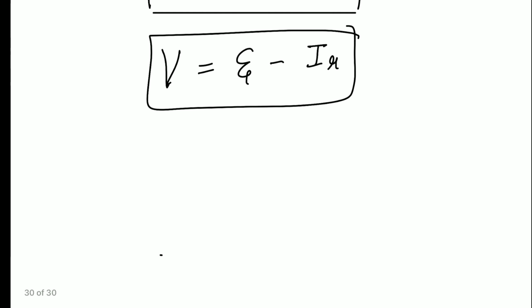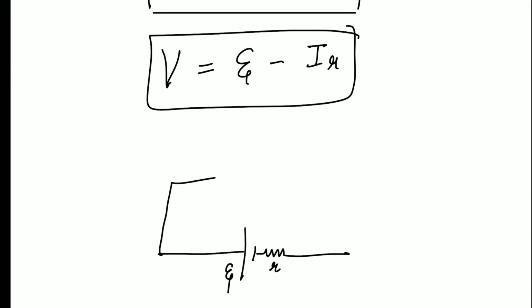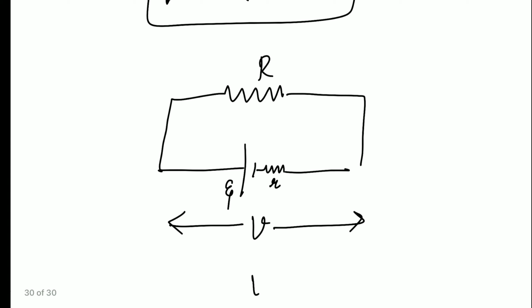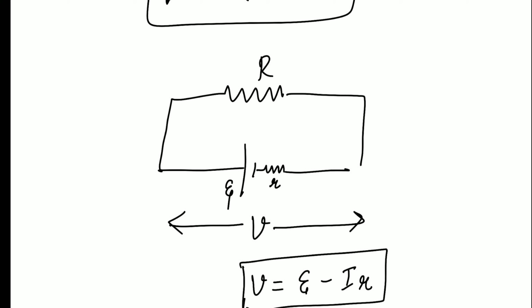Let's say you have a cell which is having some internal resistance and some EMF E, which is connected to an external resistor R. So you can simply say this V, the terminal voltage, is given simply as EMF minus I times r. I hope you guys can understand that. Yes, I hope that is understandable to everyone.